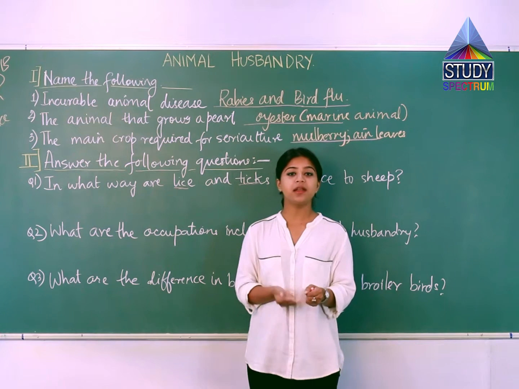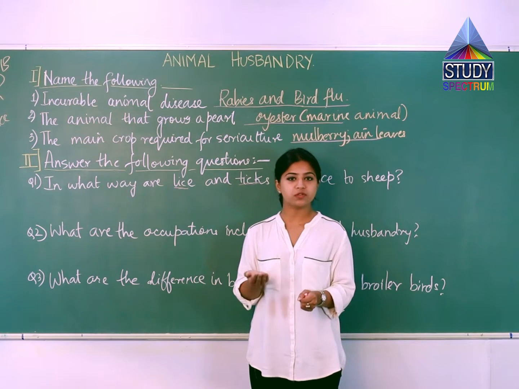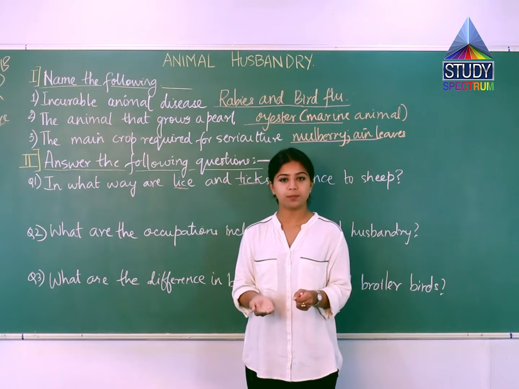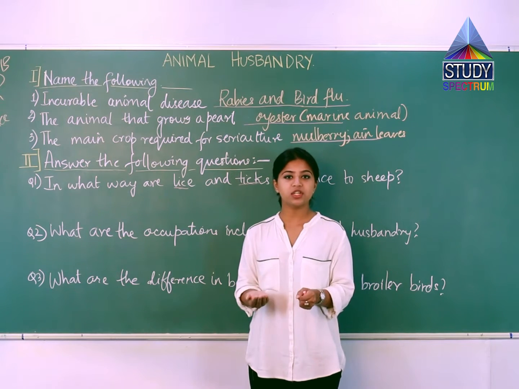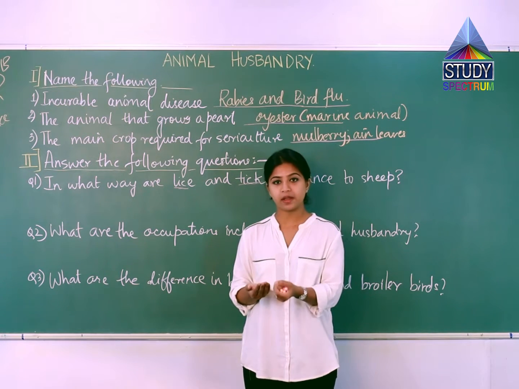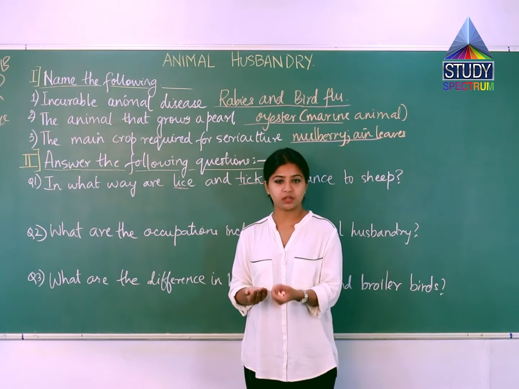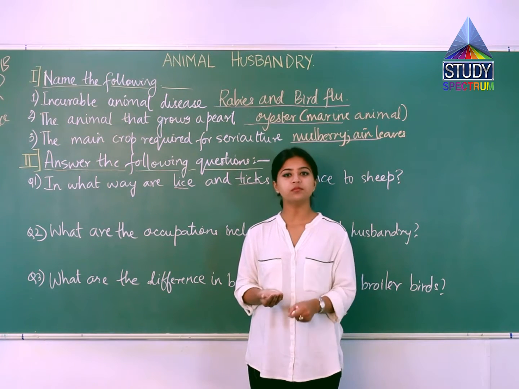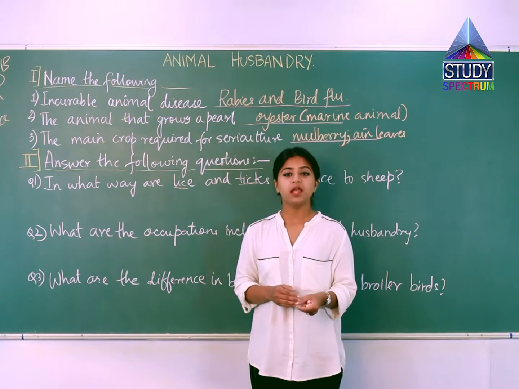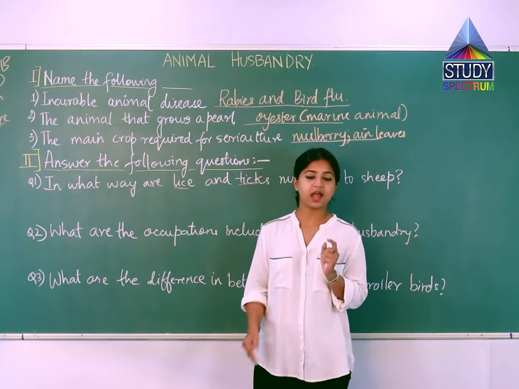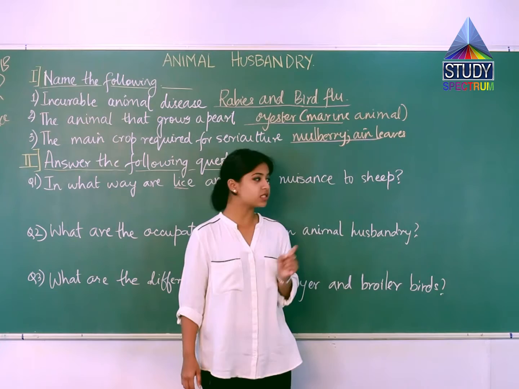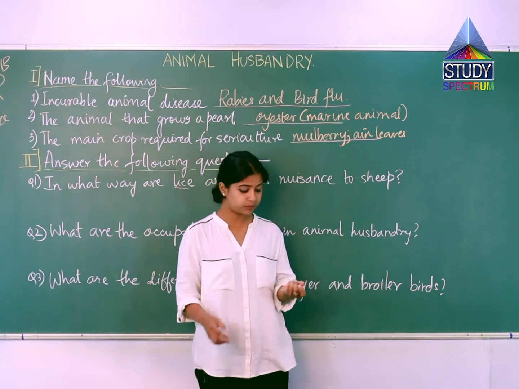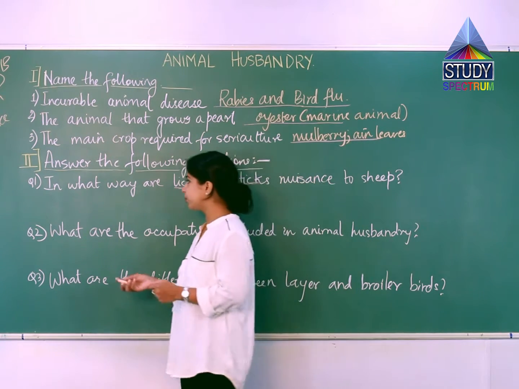If the maggots sit on these fresh wounds of the sheep, the germs can enter the sheep's body through the wounds and cause an infection or make it ill. In this way, we understand that ticks and lice are a nuisance to sheep. So I'll write that answer down for you.